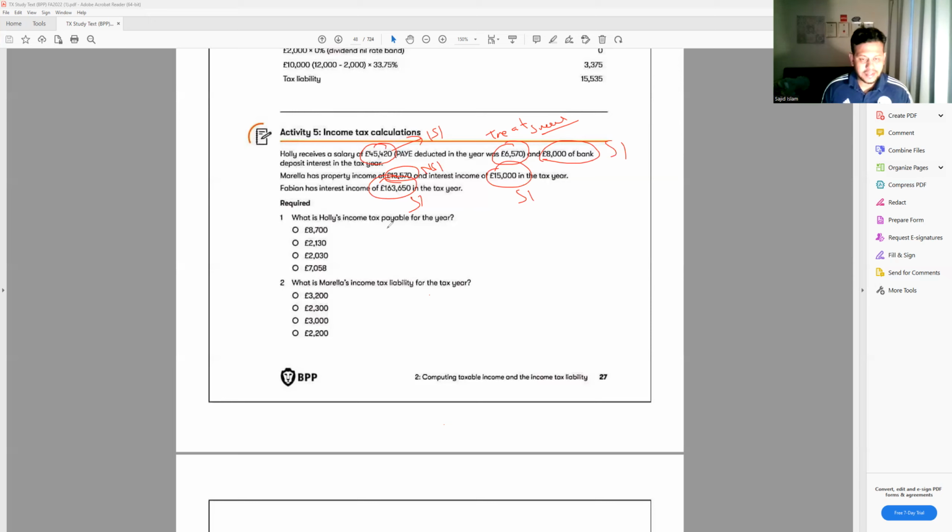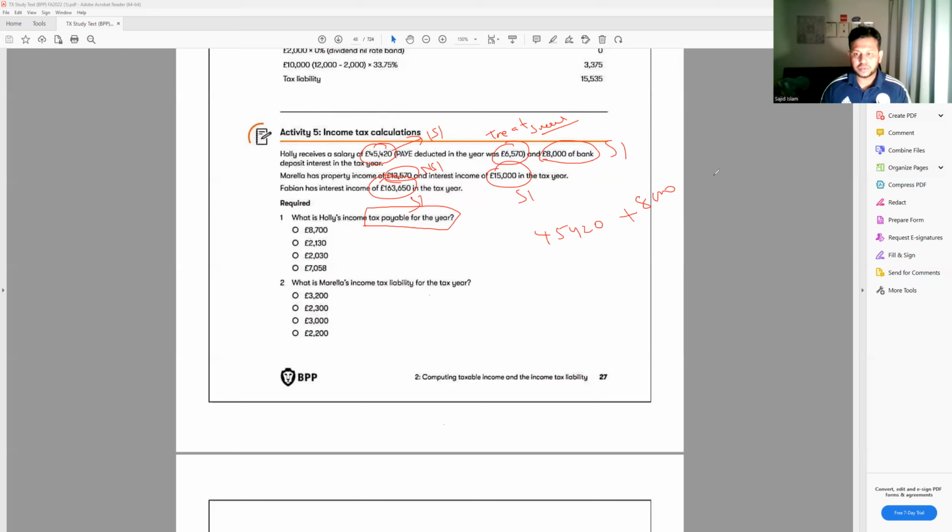What is Holly's income tax payable? How much tax does she need to pay? So let's do that. We have non-saving 45,420, and savings we have 8,000. So let's do the calculation for the tax.